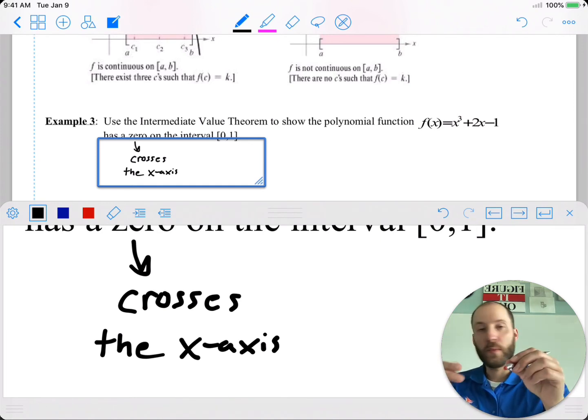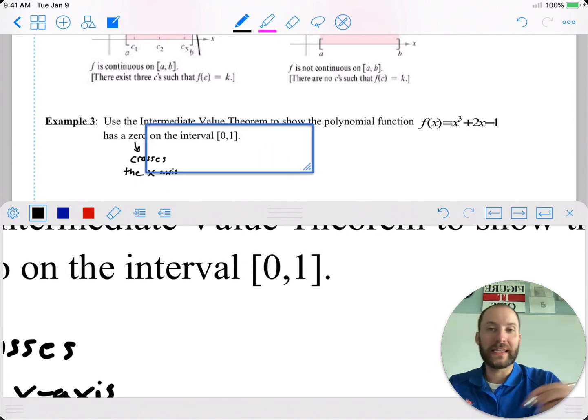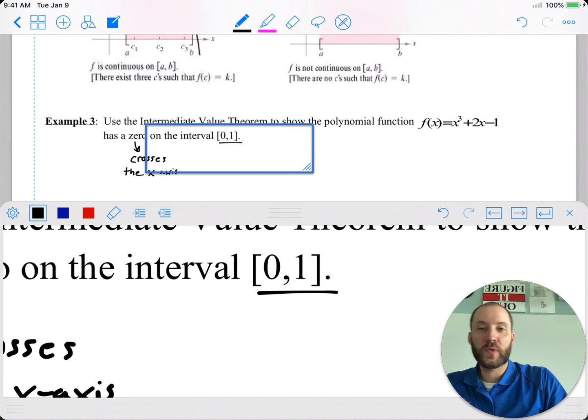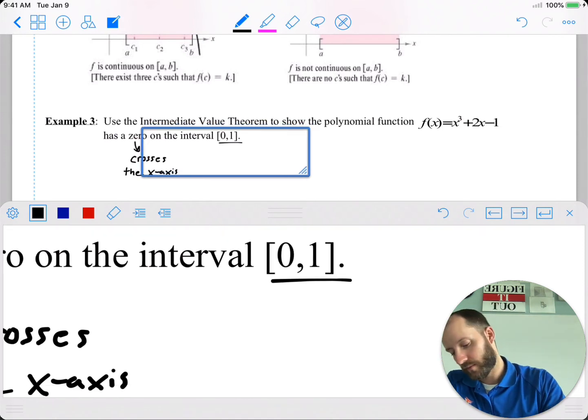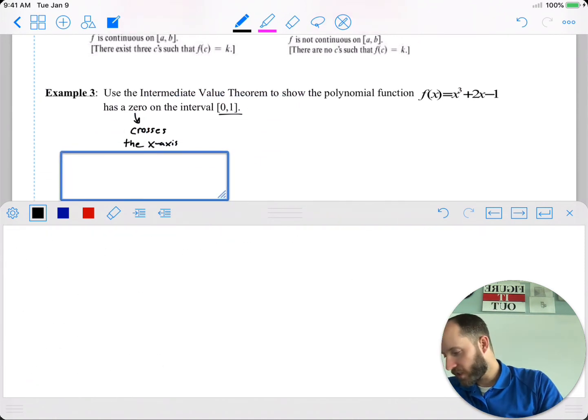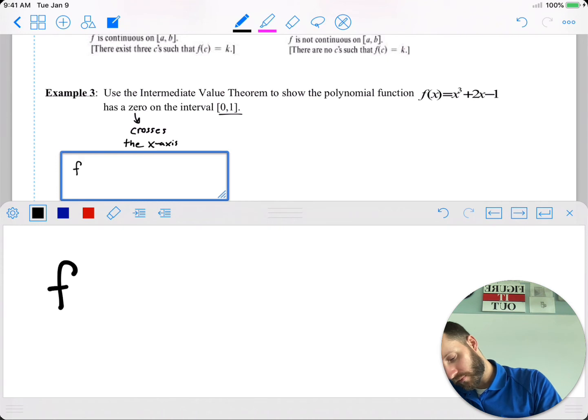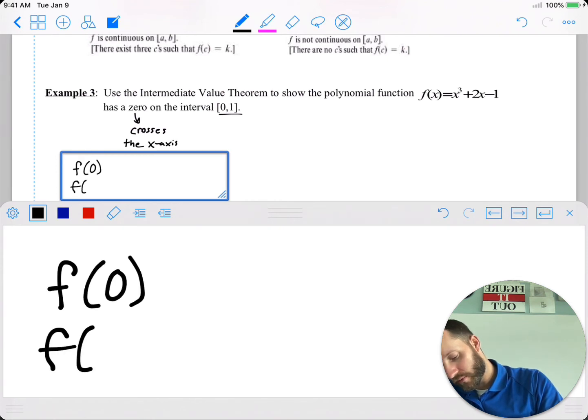So let's see whether we can guarantee that this happens between 0 and 1. So let's start by looking at our endpoints, f of 0 and f of 1.